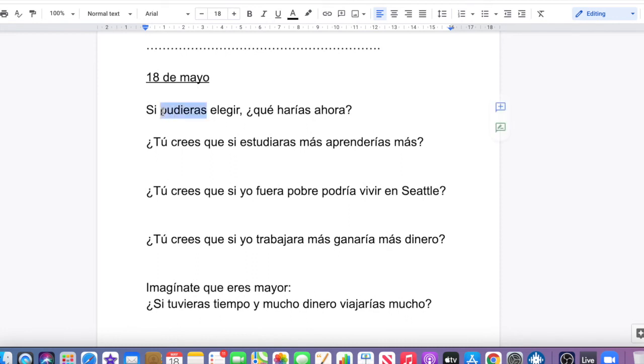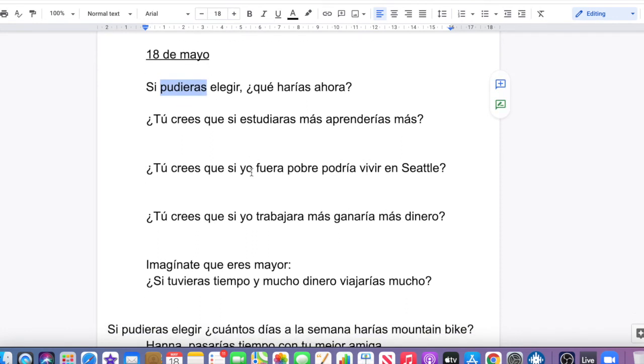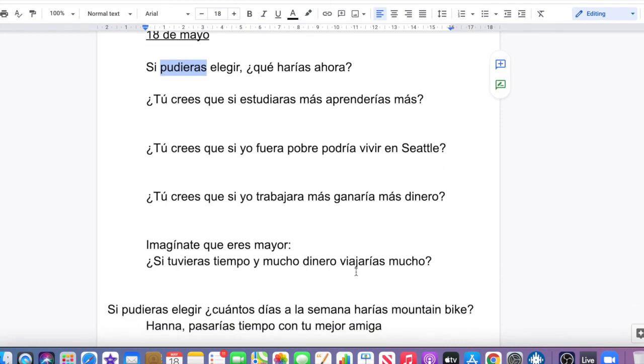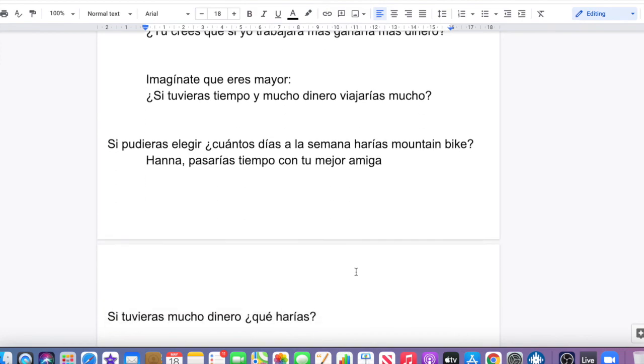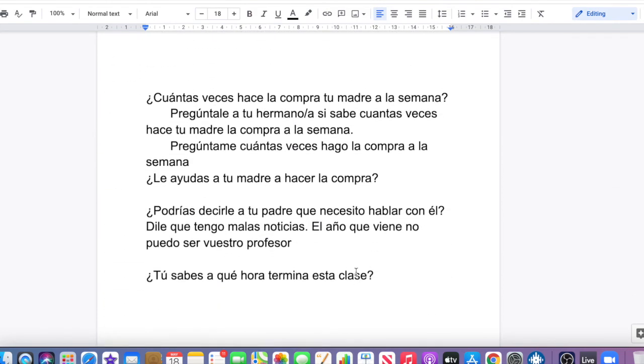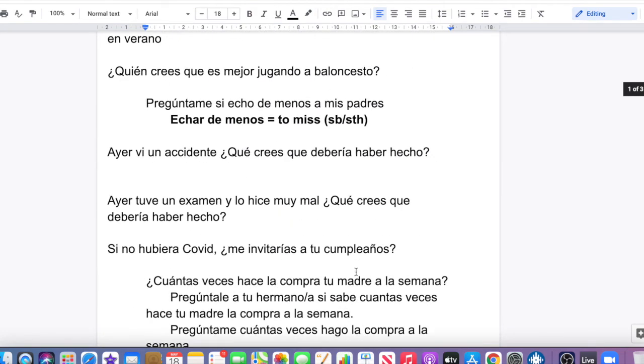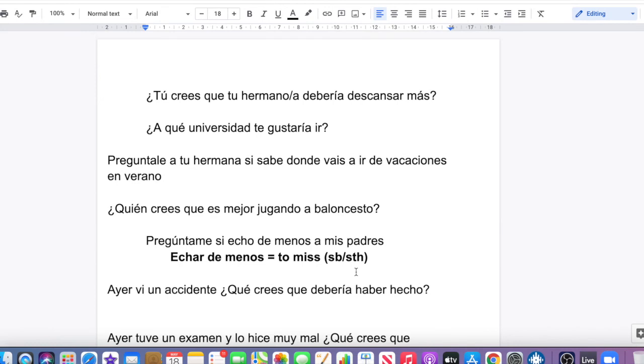Si pudieras, the imperfect subjunctive. So you can see that here they are starting to work on advanced items. Okay, so this is to show you how you can keep developing and keep creating these documents.